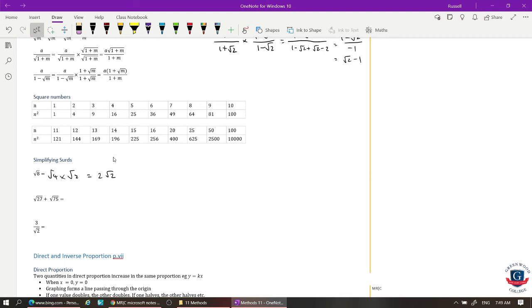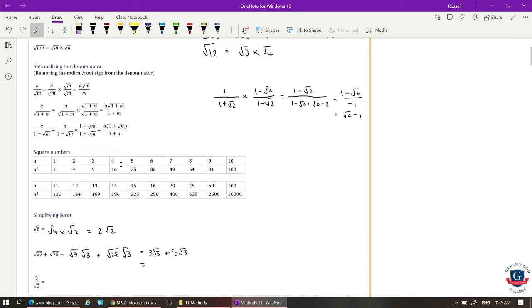The same with root 27, it's root 9, which is the square number, and root 3, and root 75, which is root 25 and root 3, which gives us 3 root 3 plus 5 root 3, which is, by our second property, this one here, 8 root 3.